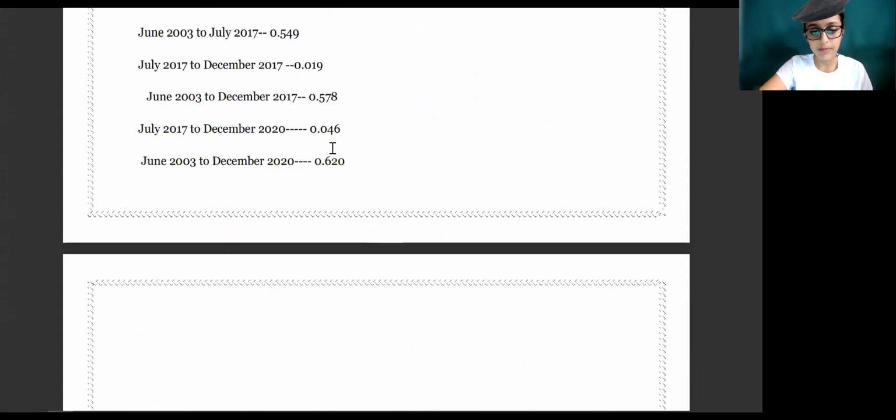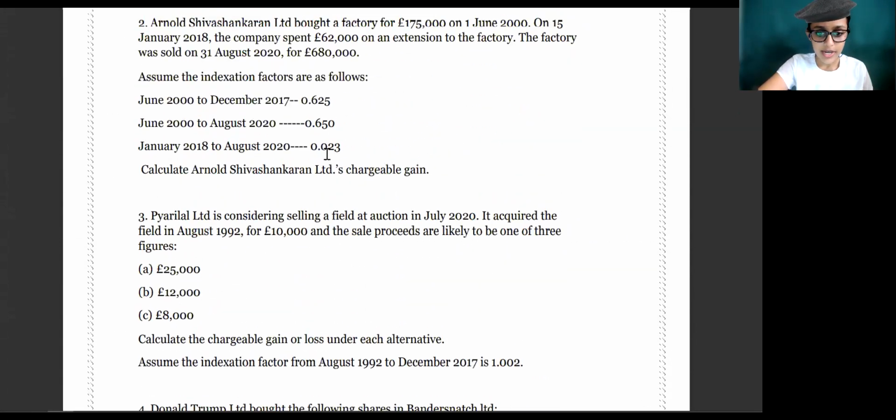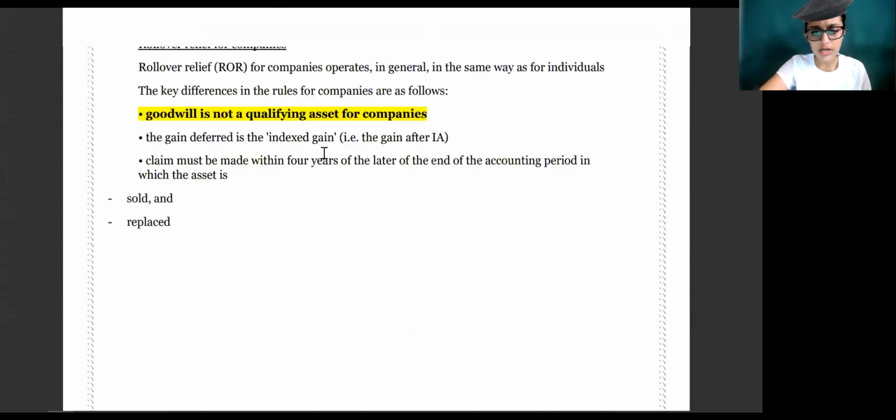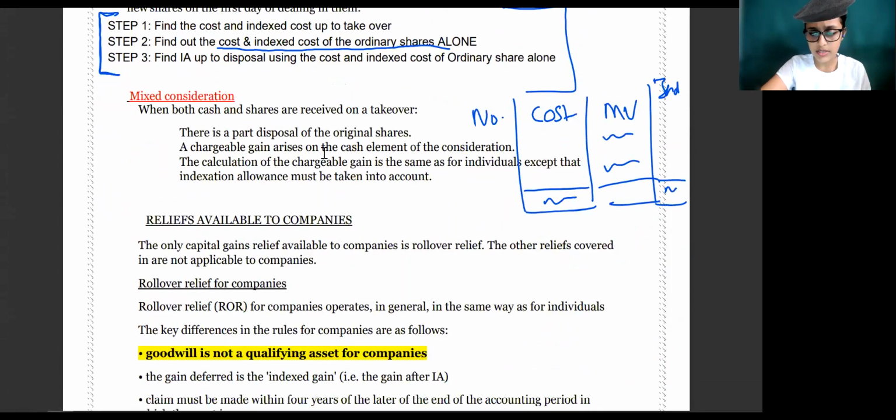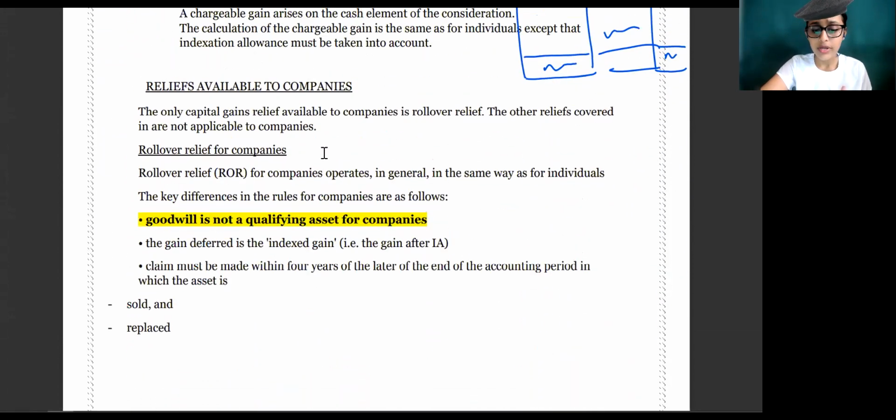All right, takeover. Now, in the case of cash shares or cash also, they're not going to ask you for numerical aspects in the case of companies. Now, ROR is the only relief available for companies. Proceeds minus cost gives you unindexed gain. Unindexed gain minus your IA gives you indexed gain. Indexed gain minus ROR gives you chargeable gain.